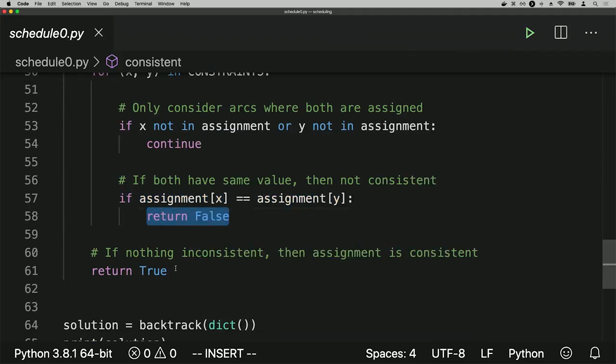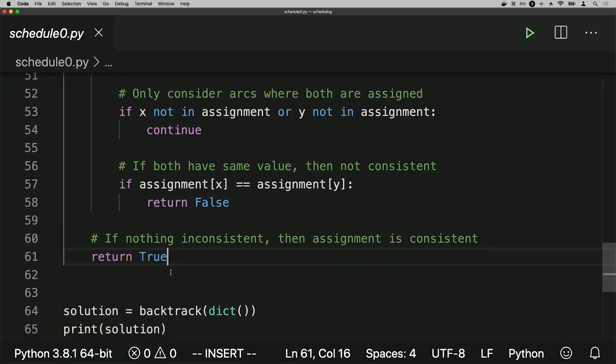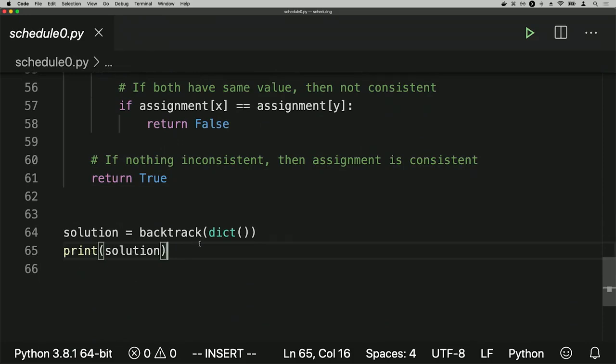But if nothing is inconsistent, then the assignment is consistent and will return true. And then all the program does is it calls backtrack on an empty assignment, an empty dictionary that has no variable assigned and no values yet, save that inside a solution, and then print out that solution.